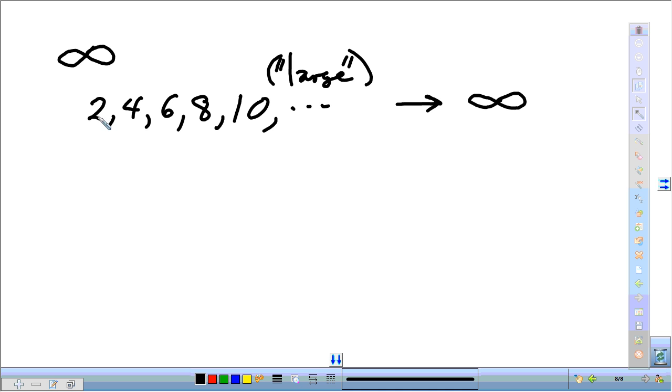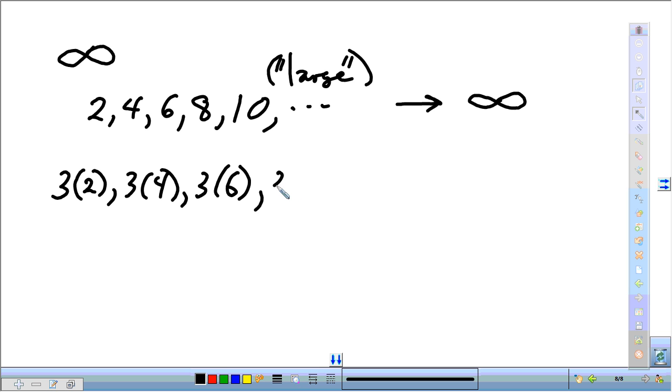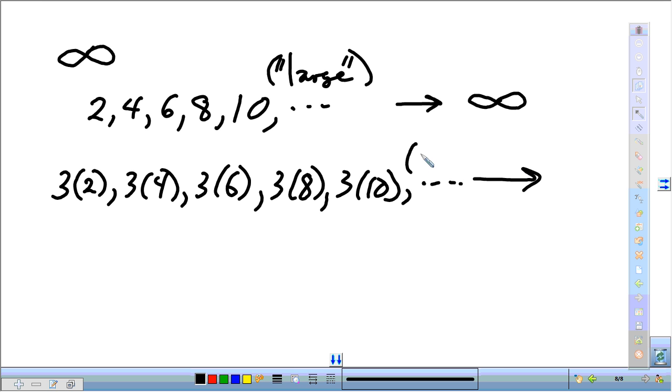Now, if I were to take this set of values and multiply by 3, and watch this progression, it's still large, or still has the property of becoming infinite, which gives us a way of computing with infinities.